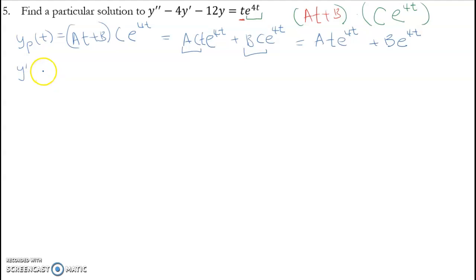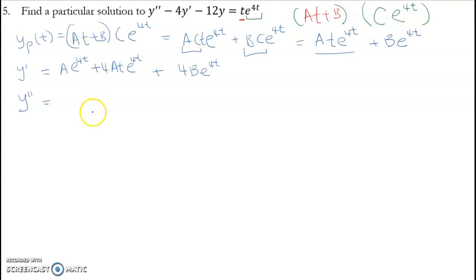Let's go ahead and find the y prime. We're going to have to use some chain rule here, and that'll get us a e to the 4t plus 4at e to the 4t. That's just differentiating this first part. Plus, differentiating the second will get us 4b e to the power of 4t. Okay, let's find the second derivative.